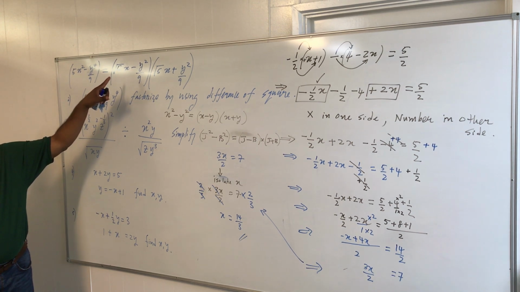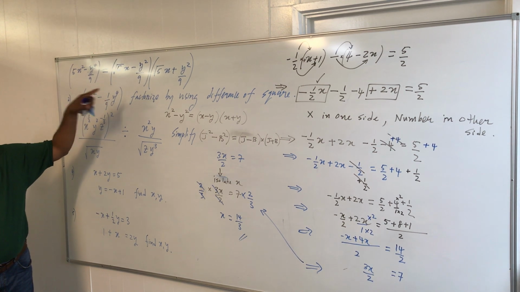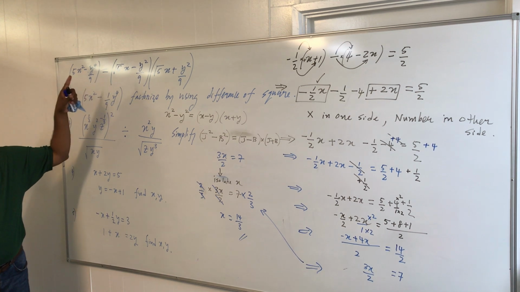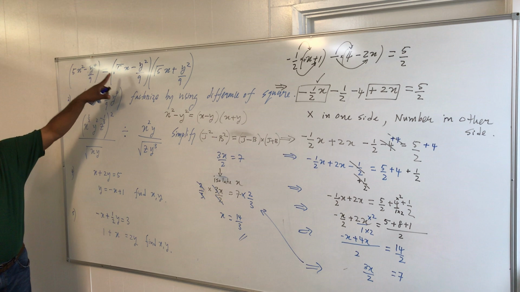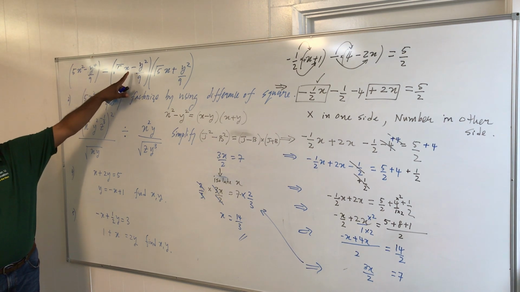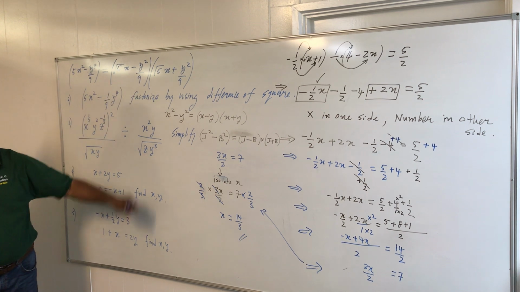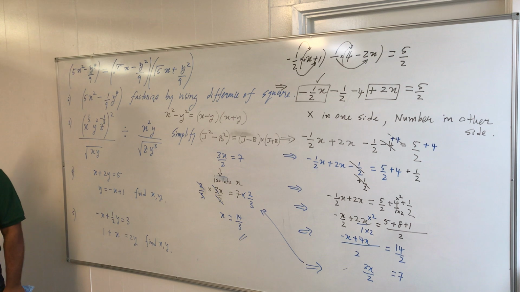I got bracket square root x minus square root 1 divided by 9 y squared. So what happened to 5? Square root 5. Oh, square root 5x, right? Yeah, minus square root 1 over 9 y squared, and then the other one. So what is square root 9? 3.